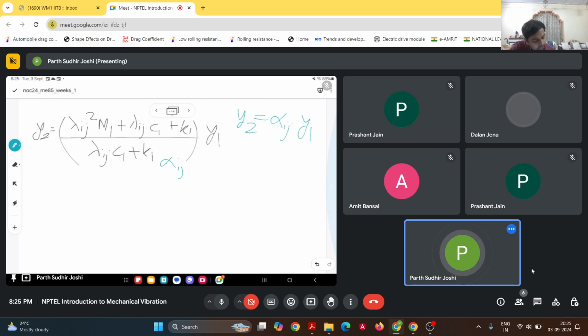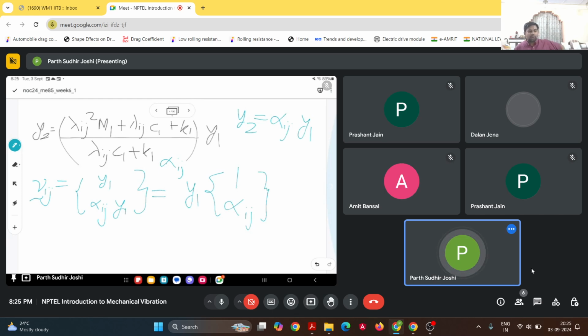So now the vij vector will be basically the set of y1 and y2. So y1 and y2 we can write as y1 and alpha ij y1, or we can take y1 outside and say it is 1 and alpha ij.